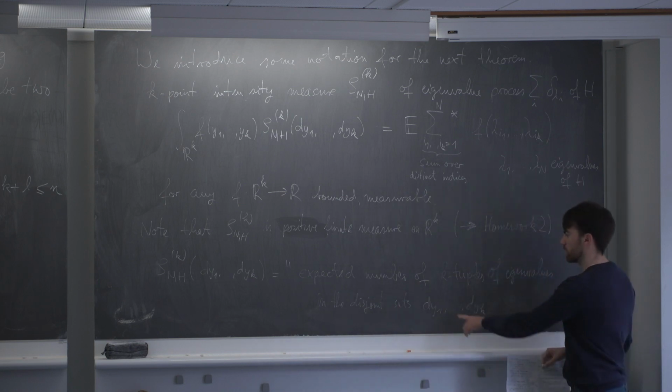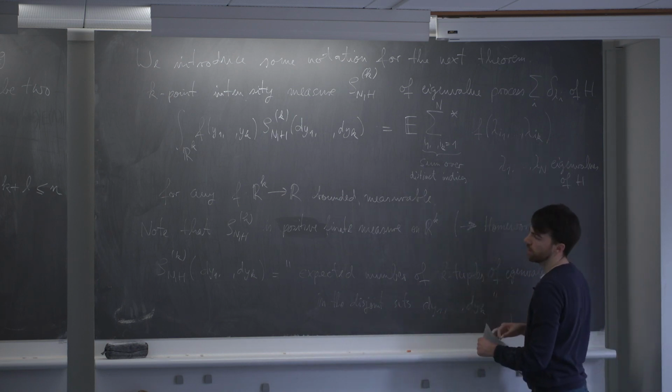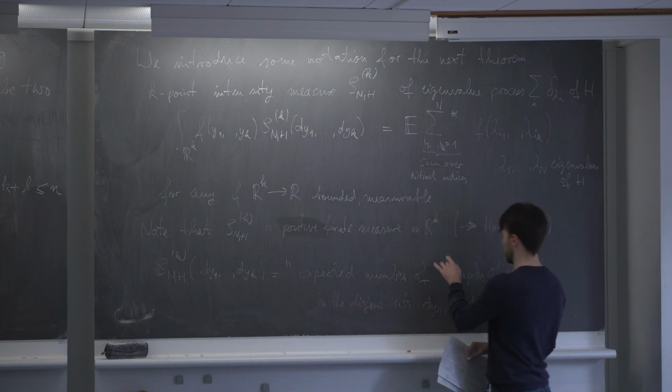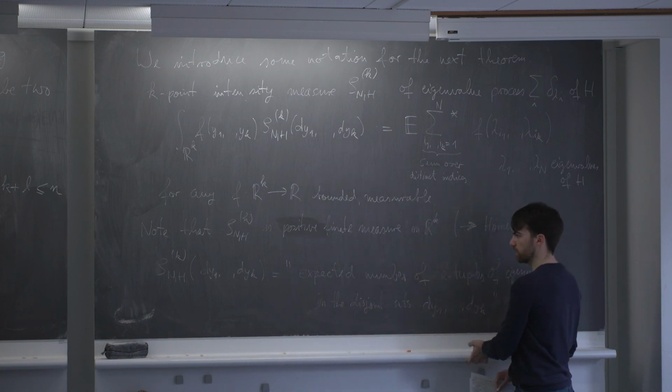So these are subsets of R, and we want to have a k-tuple such that each of the eigenvalues lies in one of those sets.